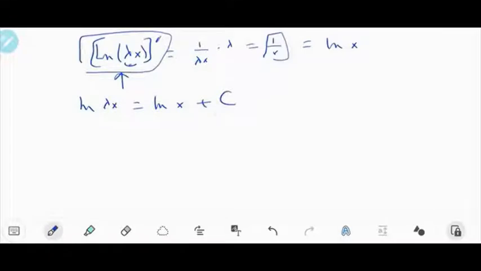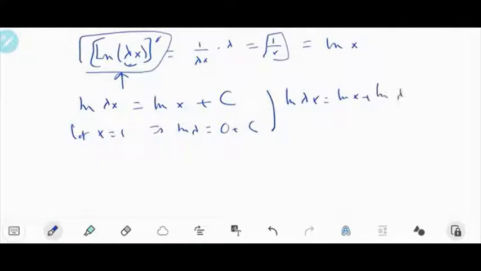If we want to calculate c, we can take a particular value of x, for example x equals 1. Then ln of lambda is equal to 0 plus c, so c is equal to ln of lambda. Therefore, ln of lambda x is equal to ln of x plus ln of lambda. And this is how you have the formula that you already heard of: ln of ab equals ln of a plus ln of b. Okay, this is how we prove it.